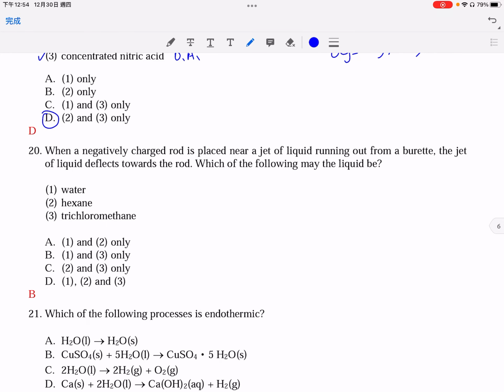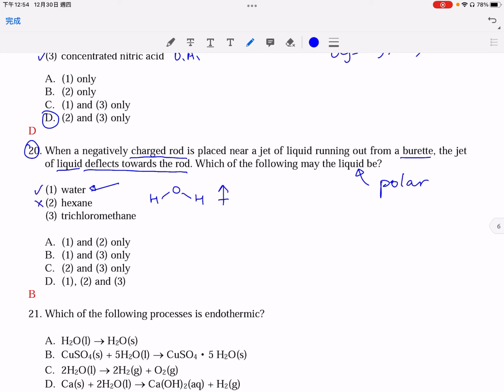Question number 20. This experiment uses a charged rod and a burette containing a jet of liquid, and then the jet of liquid deflects towards the rod. It is of course showing that the liquid is polar. So water is of course polar because H2O, the polarity of the molecule is like this.